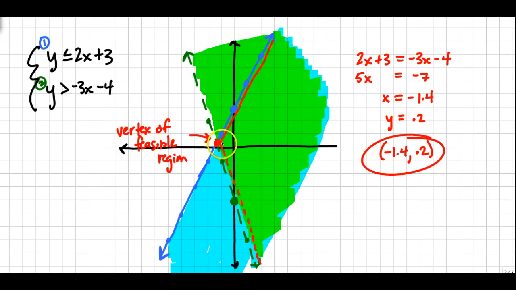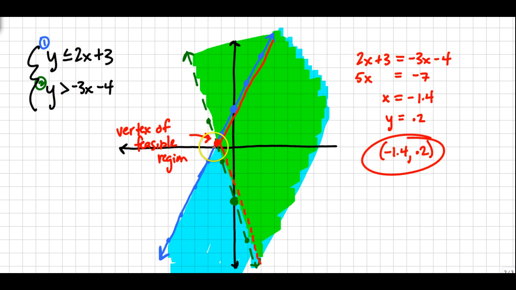In this situation, it's not real clear where they cross, so I'm going to go ahead and use my skills from earlier in the chapter where I learned how to solve systems to try to figure out what the answer is for x here. Since both of these are equal to y, I set them equal to each other. Remember, when you're trying to find where the two lines cross, you're imagining that these are indeed equal signs.